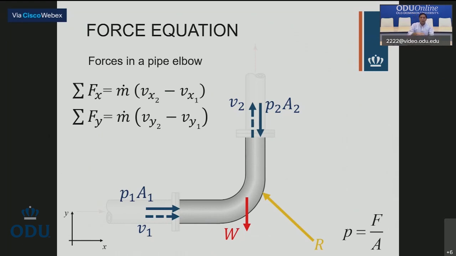But see, the problem with this R, the way I drew it, is that it goes in a direction that has nothing to do with my coordinate system. And since my equations are based on my coordinate system, I need to split that force into two forces. One that I'm going to call Rx, which is horizontal, and the one that I'm going to call Ry, which is vertical.